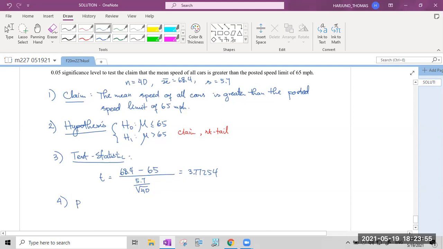So the p-value, the 6 points actually refer to 6 steps of this work here. So that's a right tail.